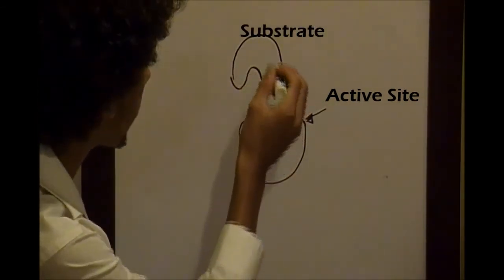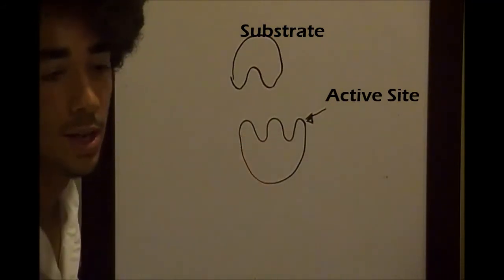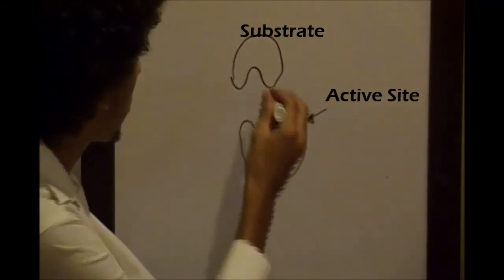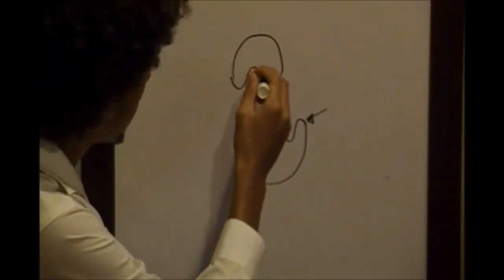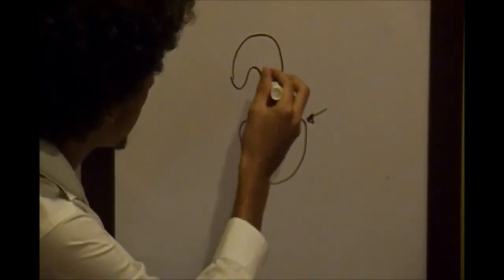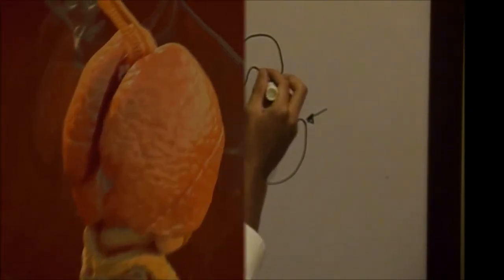This is the particle that will be decomposed by the enzyme. So what will happen is this substrate will attract to the enzyme, which will then break it apart, and that's how it decomposes. And I'll show you exactly how that happens in this animation.